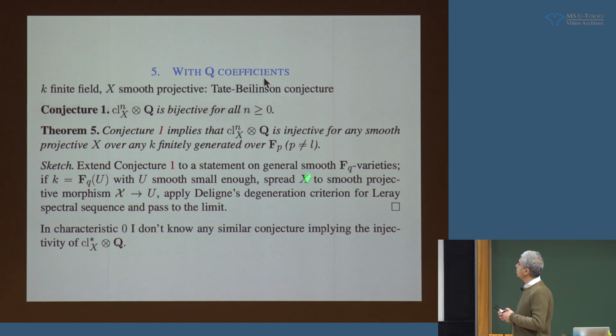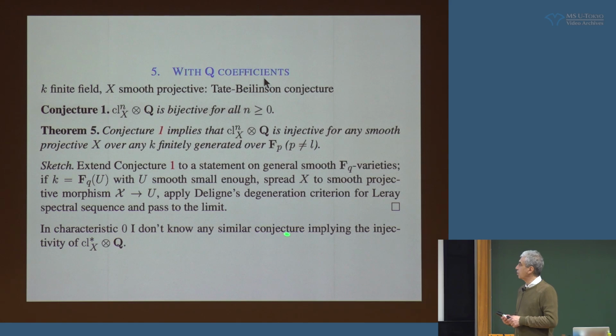Now, let me take a smooth projective variety over a finite field. Then there's the Tate-Beilinson conjecture, which is that this cycle class map tensor Q is bijective for all n greater than or equal to 0.